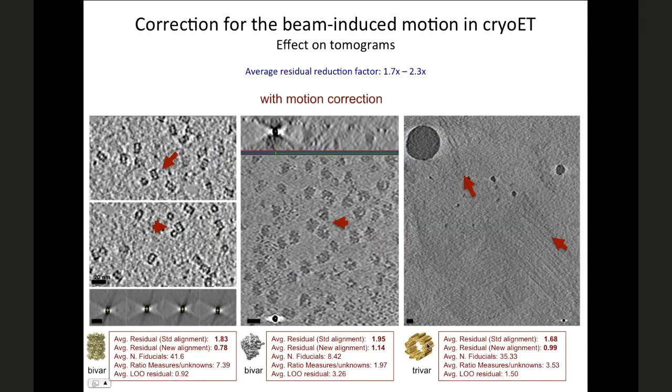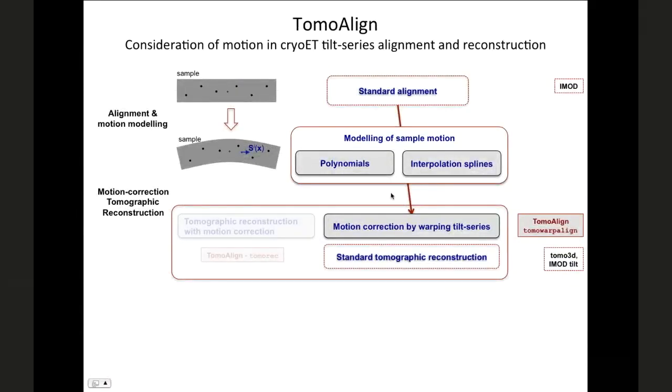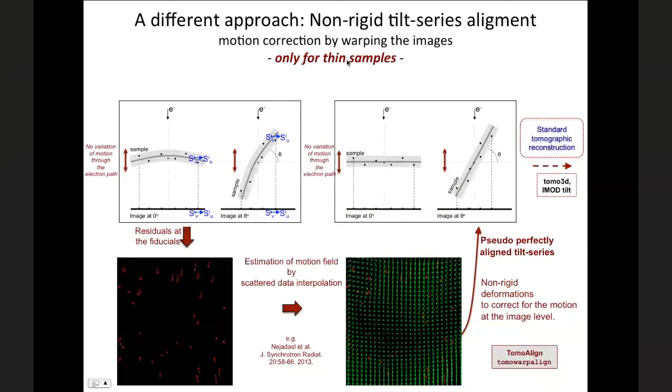Okay. So now let's move to another way to compensate the motion. This type is only valid for thin samples, thin enough to ignore the variation of the motion in the direction of the electron beam. If the sample is thin enough and we can ignore this variation, we can address the problem like this.